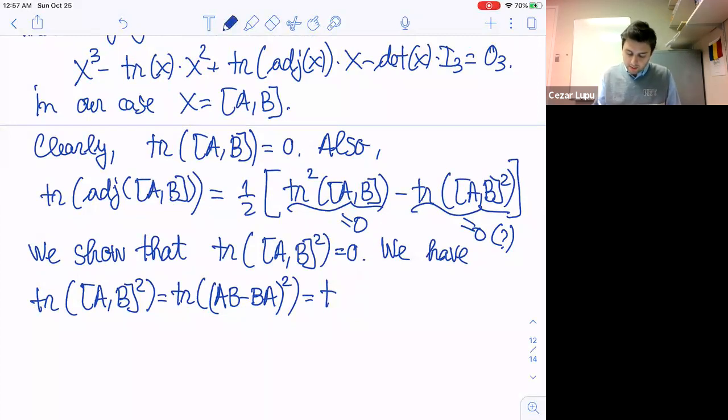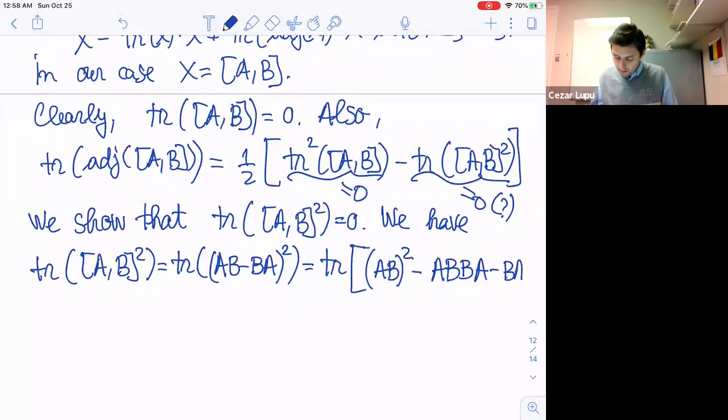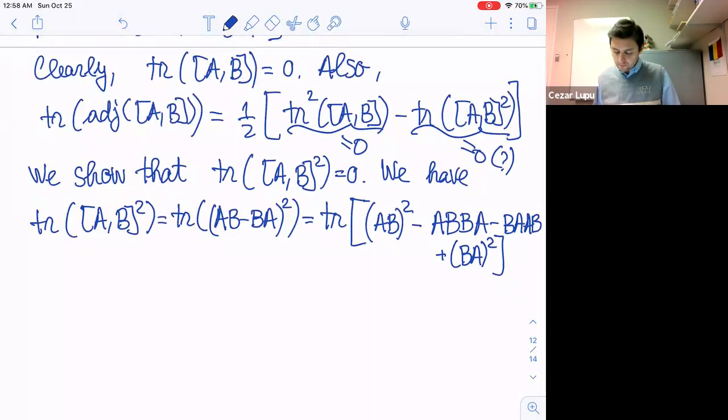in fact, let me write it in this way. AB squared minus AB BA minus BA AB plus BA squared. So we have to take care of this thing. But this is, let's write it.